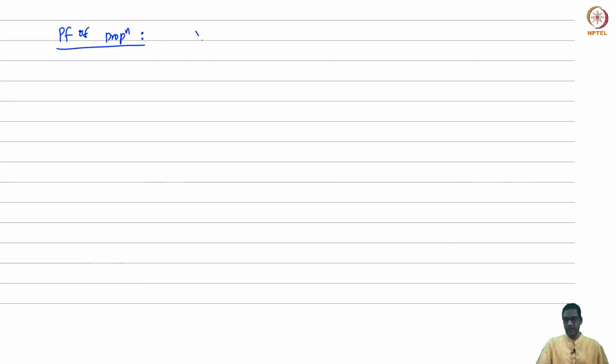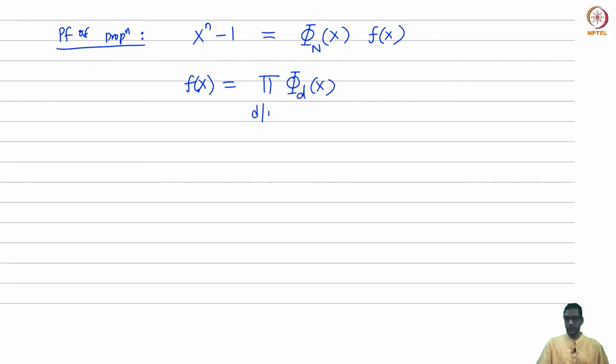So observe that x to the n minus 1 has been written as the product of phi n of x and f of x, from my earlier inductive setup. And what is f of x? It was the product of the other phi d, where d divides n and d is smaller than n.